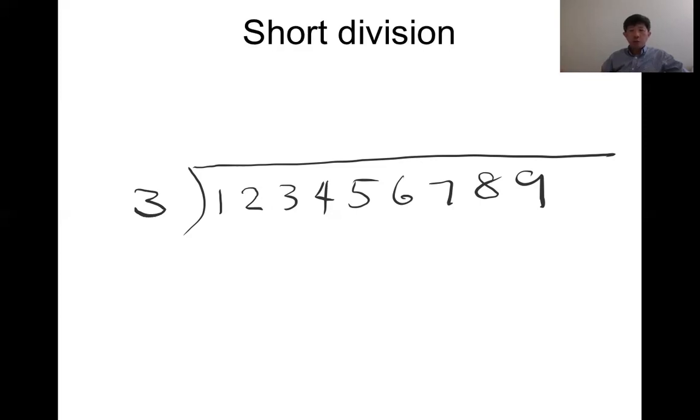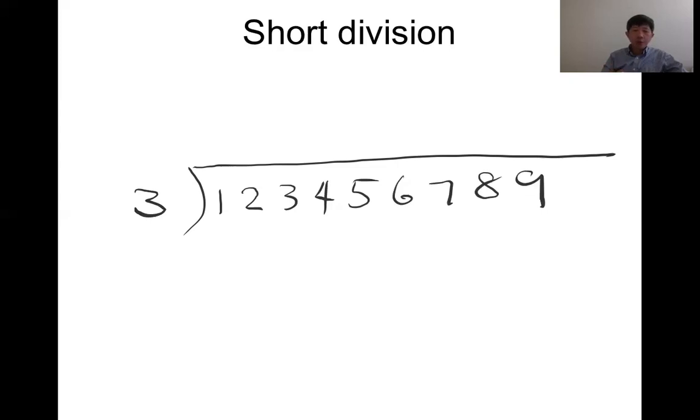You can do it very quickly without writing a lot of things, and write the answer right away. But remember, this method is only good for quick learners. Long division everybody can do, but short division, I would say go for quick learners.